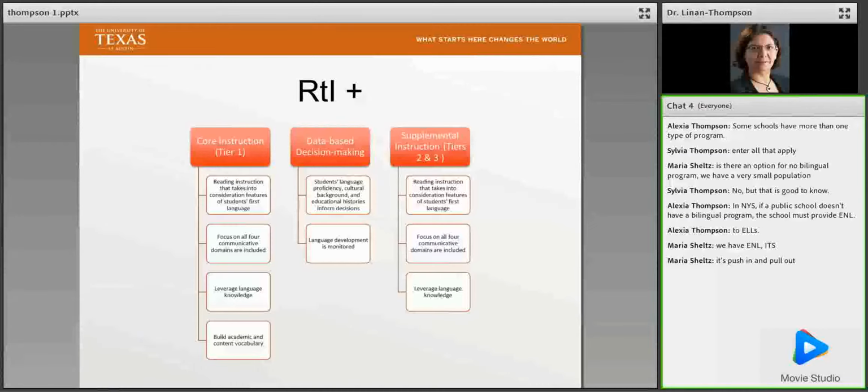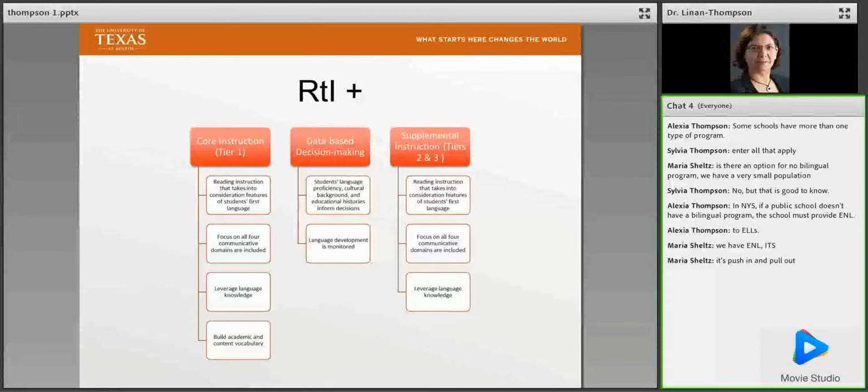The other part is the focus on all four communicative domains. There's a lot of evidence, for example, in the newest practice guide, researcher practice guide, that we really need to focus more on oral language and writing, because both of those are productive skills and develop students' productive language skills, and that is really important if we're going to get to comprehension, right?